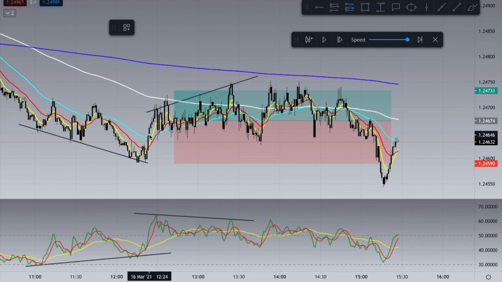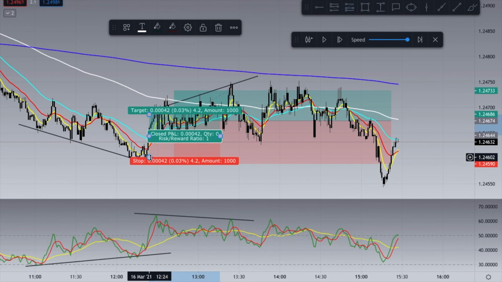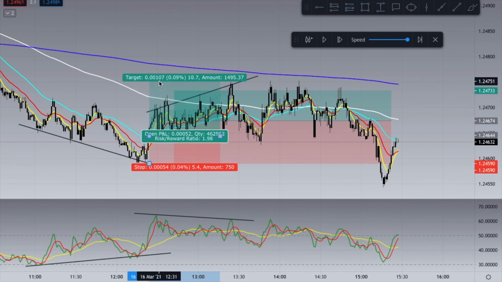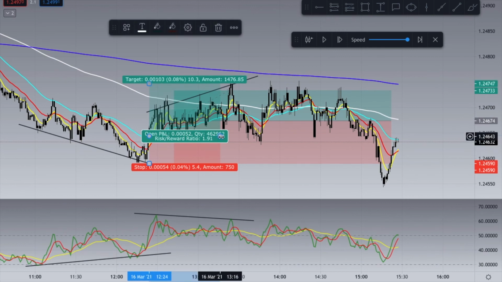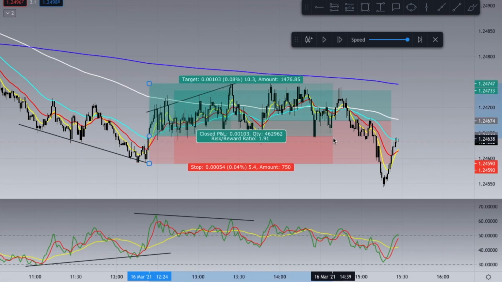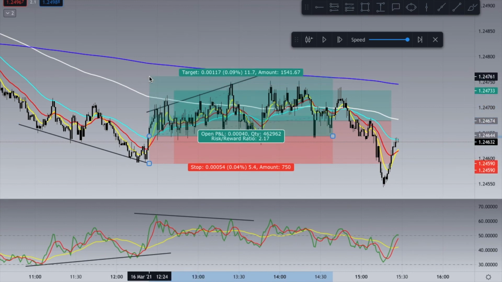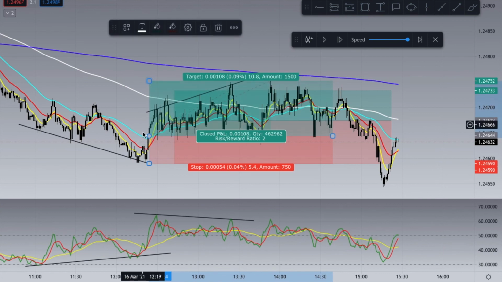So I would have entered around the beginning of this candle. My stop would have been around here, and see, this is a much better risk reward ratio, right? Because I still would have been aiming for 2, and I would have ended up getting around 2, right?